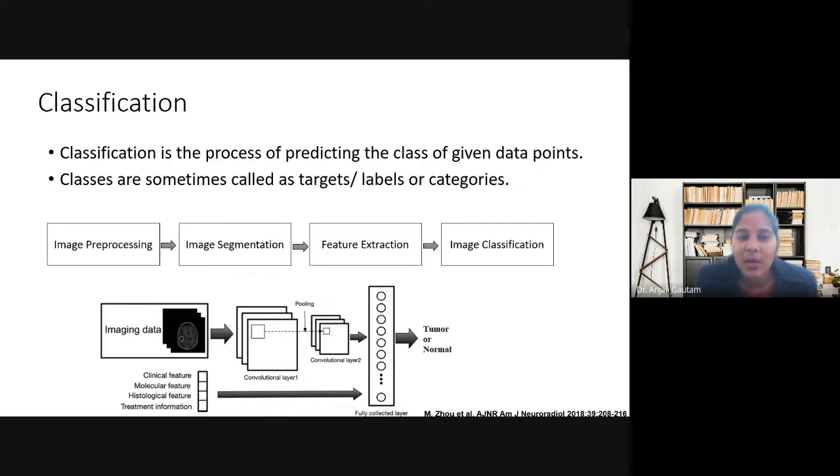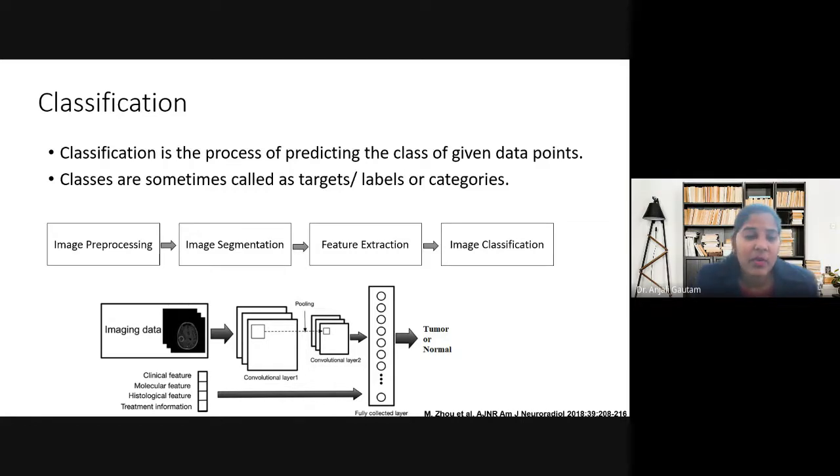Nowadays, people have started using deep neural networks, we can also say convolutional neural networks, deep learning. They just take the image.